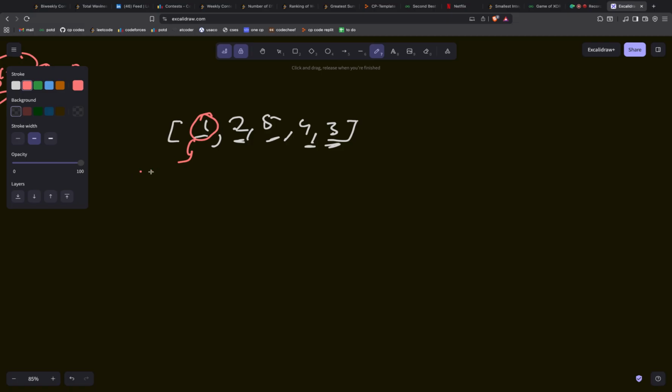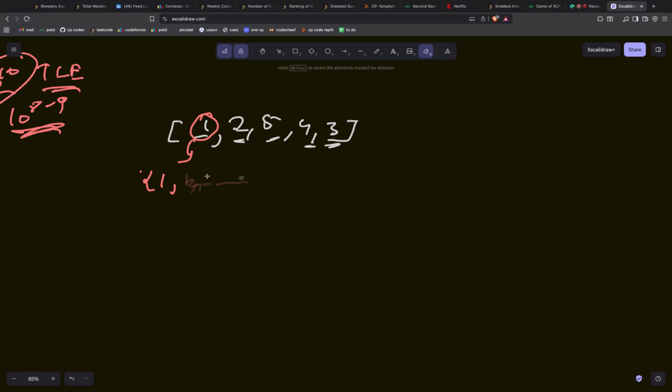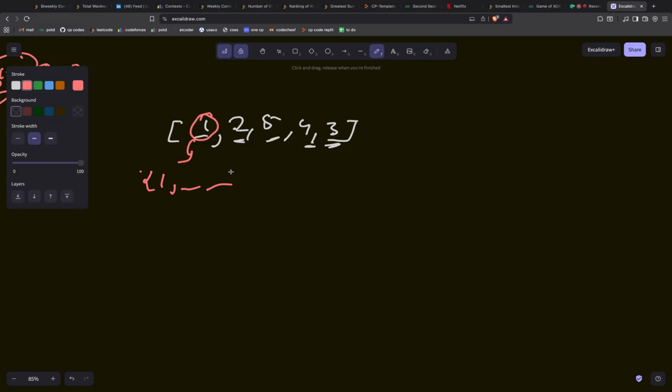So what are all the subarrays? There would be some subarrays starting from 1, some subarrays starting from 2, and some subarrays starting from 5. I want to get how many times 1 occurs in any of these subarrays.